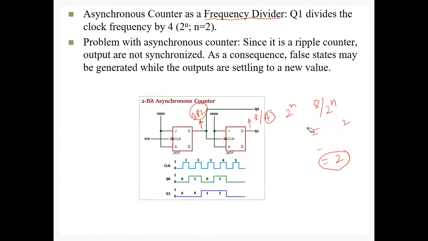So let's see how it works. Now you have to help me here though. Is the frequency of this guy higher or lower? Which signal has maximum frequency in these three signals? Can you help me here?